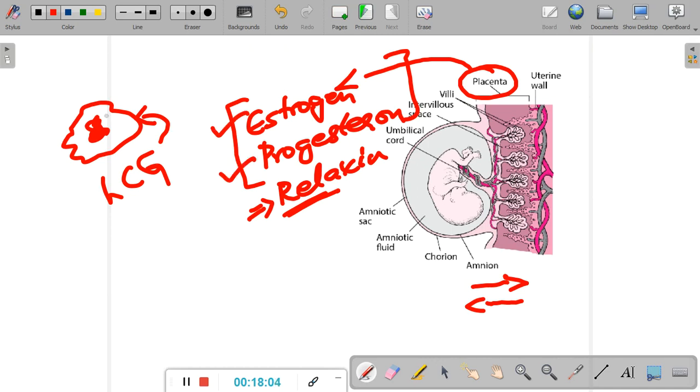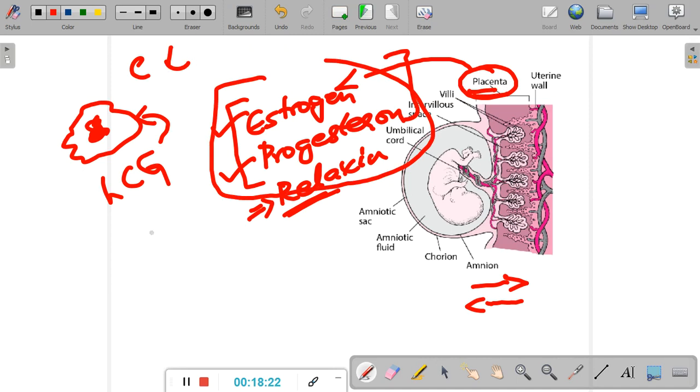So during pregnancy, the structures that are producing estrogen and progesterone for the maintenance of the endometrium are the corpus luteum and the placenta. But the placenta takes over the role during the later stages. So there is a higher amount of estrogen and progesterone in the blood, which maintains the endometrial lining and thus keeps the fetus alive throughout the gestation period.